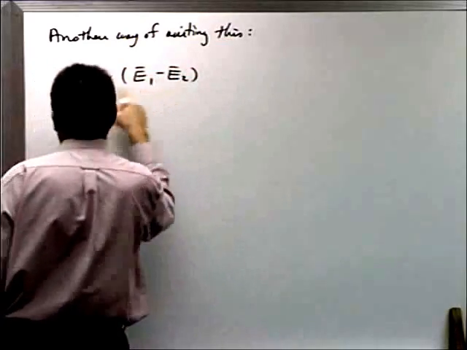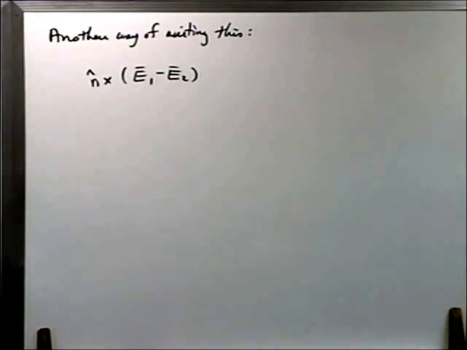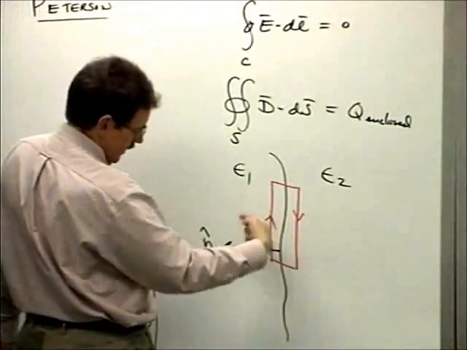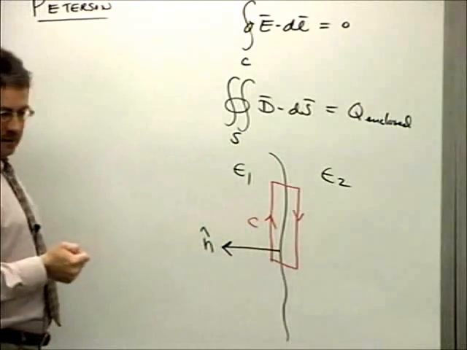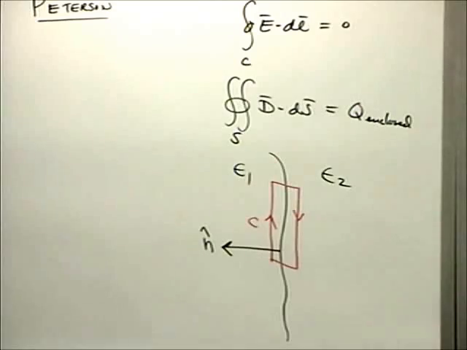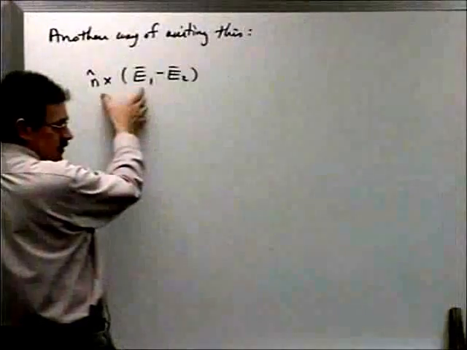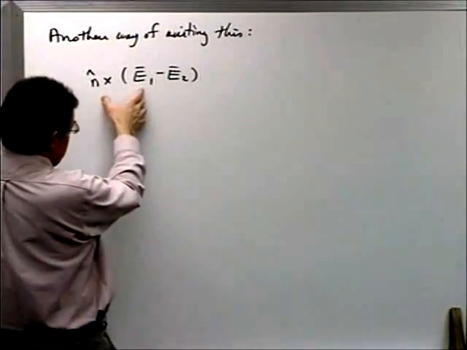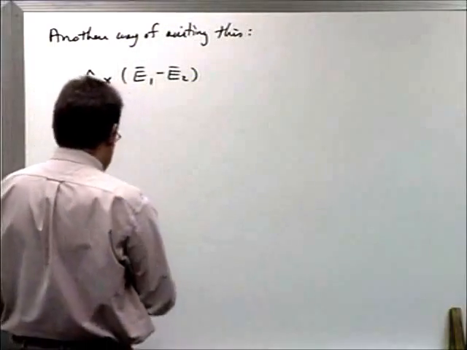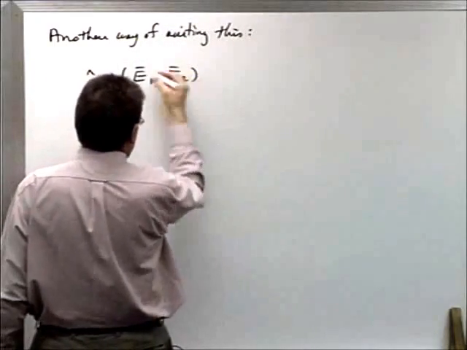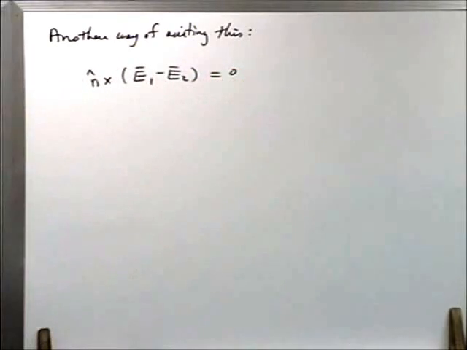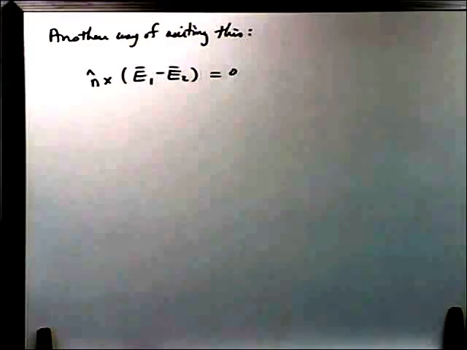When you do a cross product, you lose the part of the vector that's parallel to n. You just get the part that's perpendicular to n. So n cross E1 is really another way of writing E1 tan, except it's been rotated 90 degrees around. So in this case, since the difference between these E tans is 0, we can write it as n cross (E1 minus E2) is equal to 0.